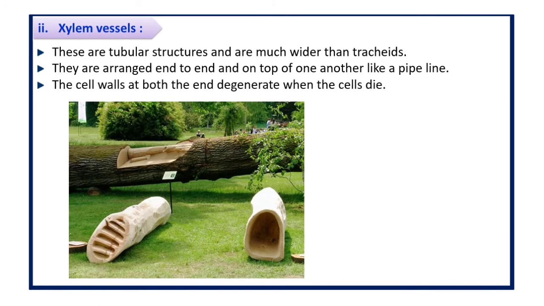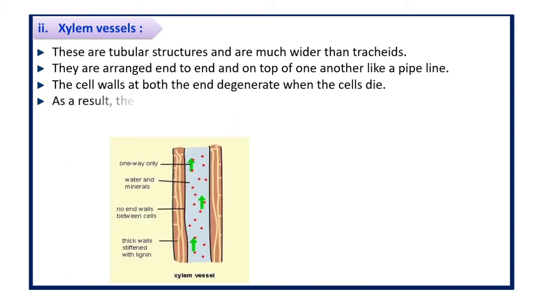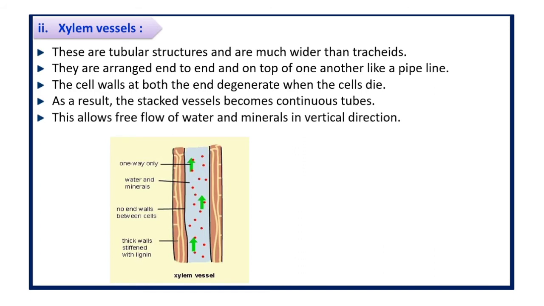Due to this, the cell wall at both ends degenerates when the cells die, because of which the stacked vessels, as they are on top of each other like a pipeline, become continuous tubes once the cell wall breaks. This allows the free flow of water and minerals in a vertical direction, that is in an upward direction, as you can see in the picture.